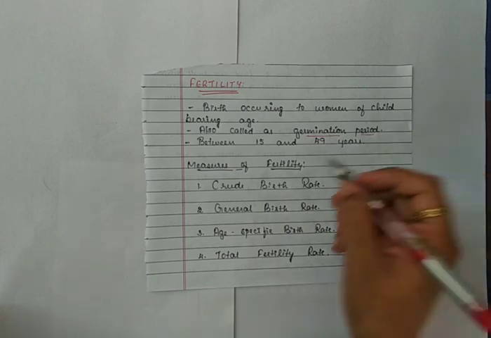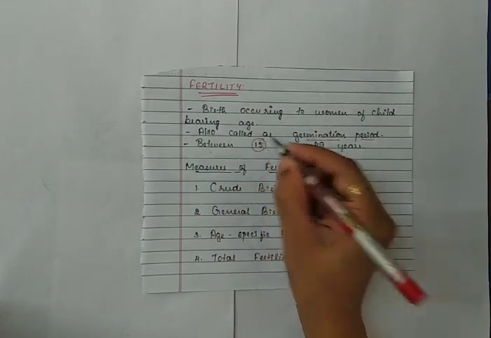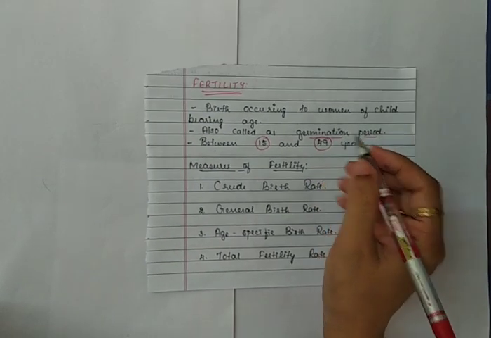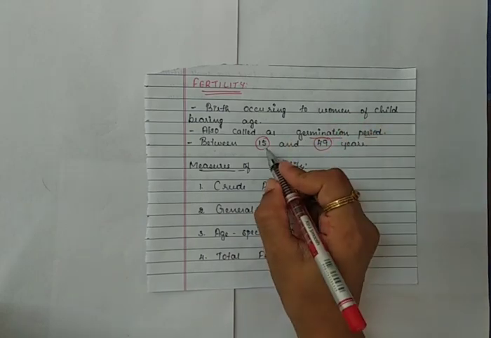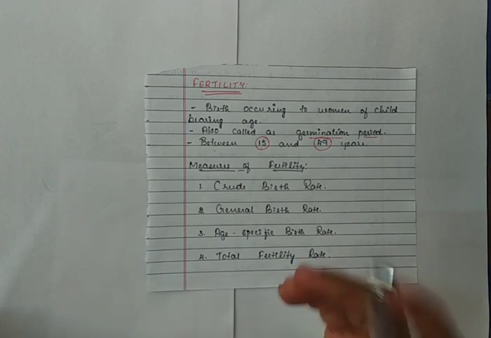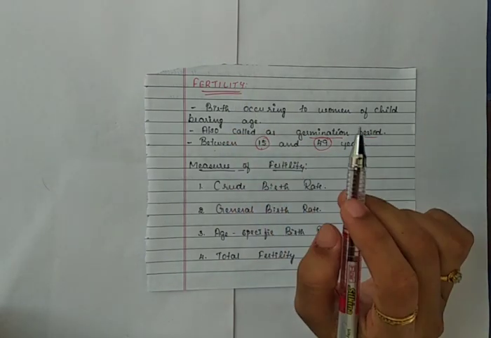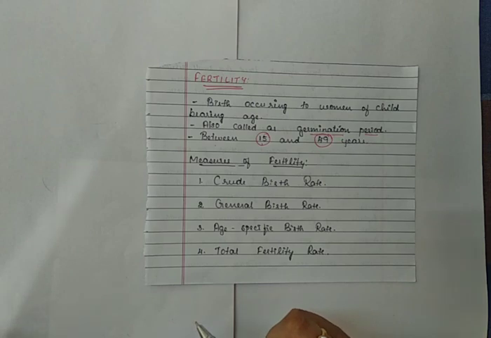That means women of age between 15 and 49 have the capacity of reproduction. So that is fertility here. What are the different methods or measures for fertility?